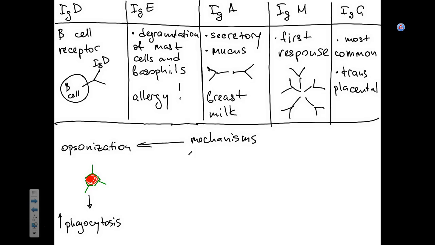Another mechanism is agglutination. Let's say you have several cells, and when antibodies recognize them, they stick the Fc fragments together. Okay, can you see that? And they form a clump of cells.